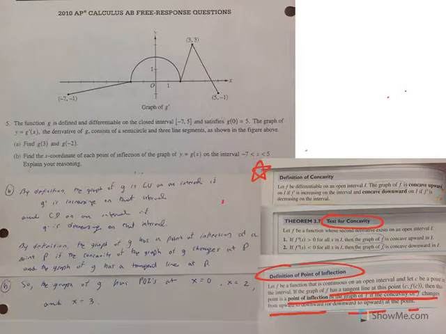It says here, the graph is concave upward on an interval I if f prime is increasing on that interval. What does it mean for f prime to be increasing? How do we know if a function is increasing? If its first derivative is positive on an interval, the function is increasing on that interval.